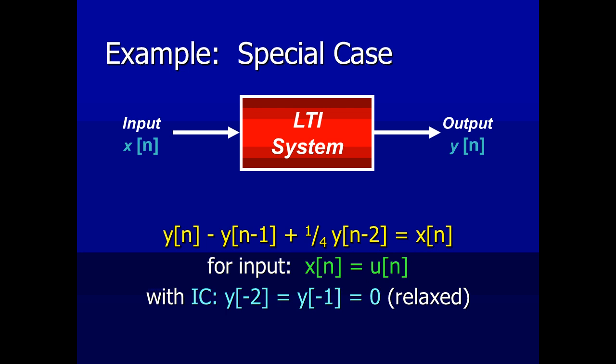We get 4 plus k1 times 1/2 to the first power plus k2 times minus 1 times 1/2 to the minus 1 equals 0, which is another way of saying 4 plus 2k1 minus 2k2 equals 0.